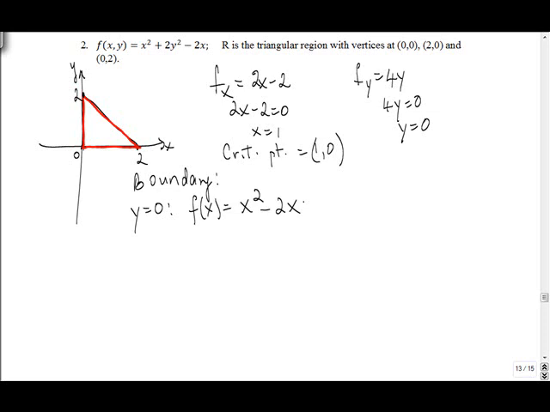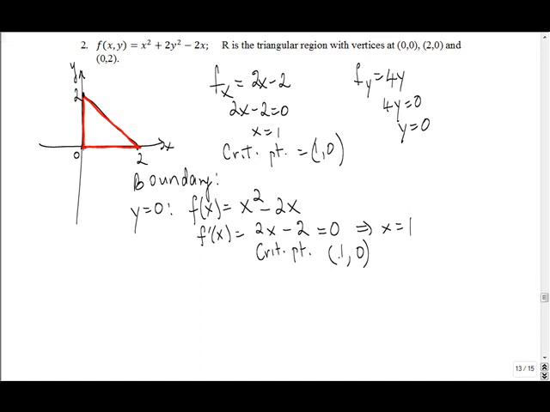So what are we doing? We are finding extrema. So find the derivative, 2x minus 2. Put it equal to 0, and you get x equals 1. So the critical point again is 1, 0, because y is 0. So we have that already.